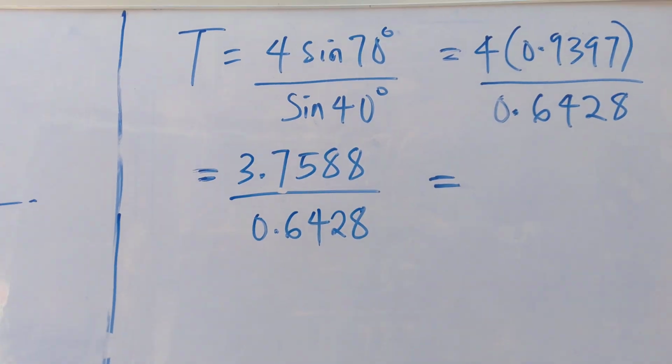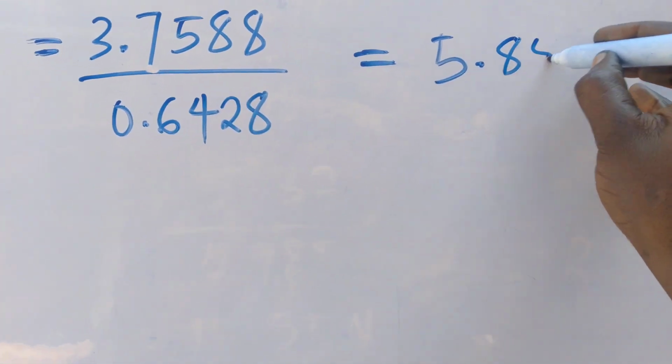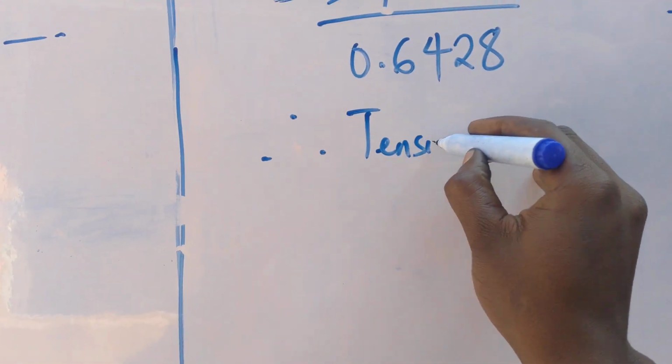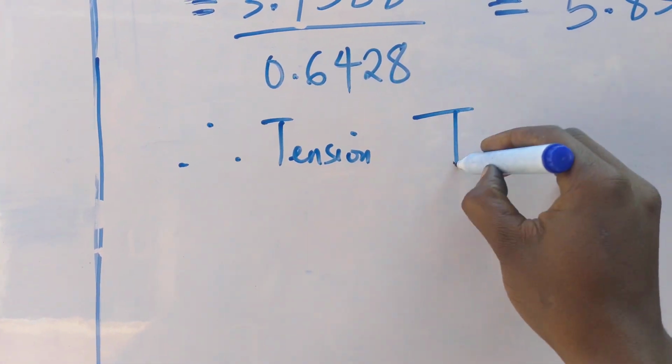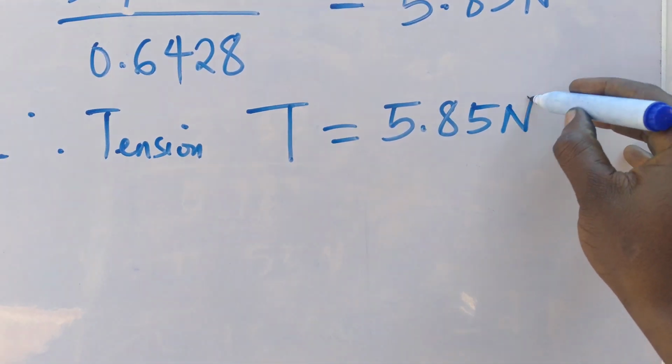When I divide this, it gives me 5.85 Newton. So therefore the tension T in the rope is 5.85 Newton.